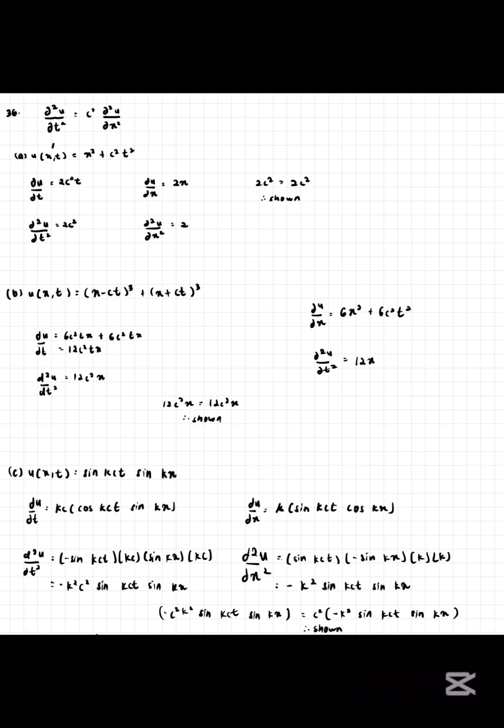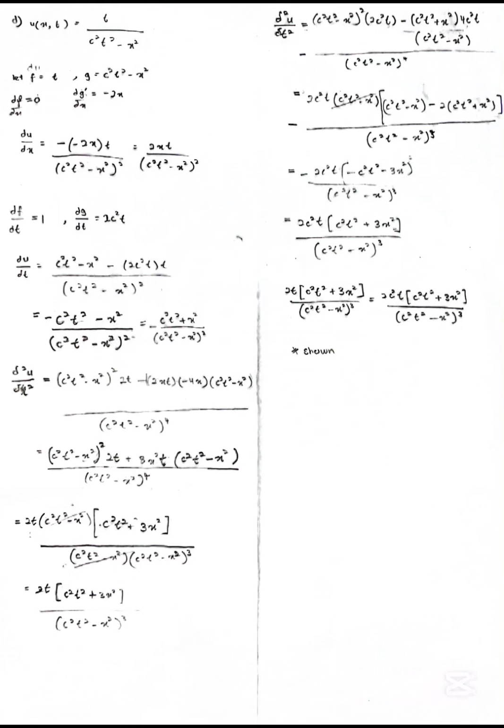Differentiating again, du dt gives negative k square c square sin kct sin kx, and du dx gives negative k square sin kct sin kx. Rearranging following the wave equation, it is satisfied. For part D, the given function is u(x,t) equal to t over c square t square minus x square.